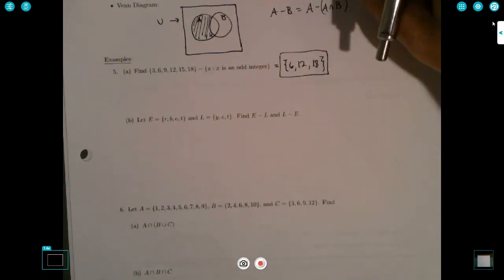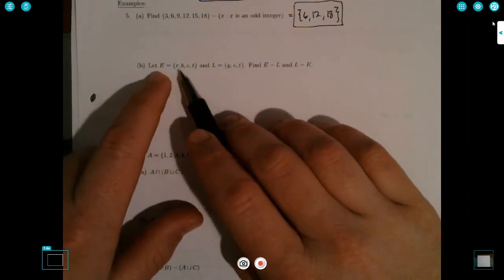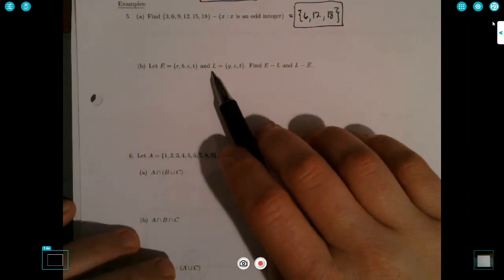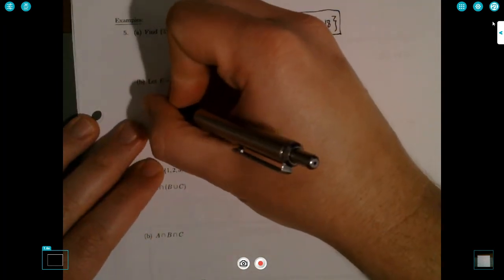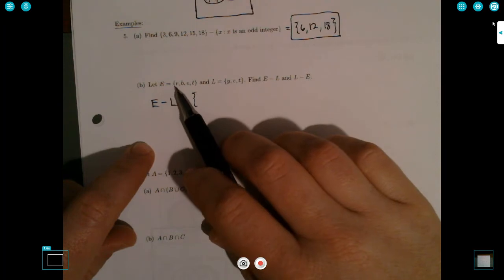Okay, here's another one. We've got E is the set {R, B, E, T} and L is the set {Y, E, T}. Let's find E minus L and L minus E. E minus L is going to be all of the elements in E, but we have to kick out any of the elements that are in L. R is in E, but it's not in L, so R can stay.